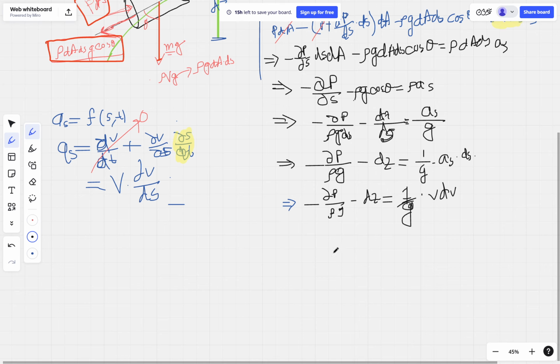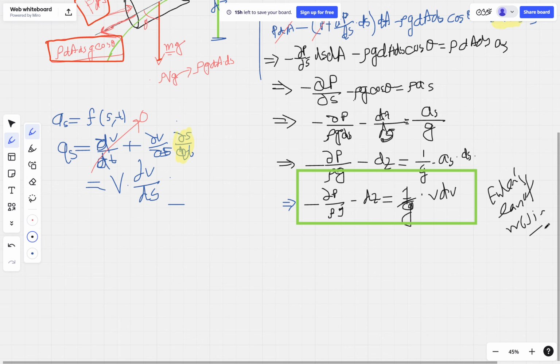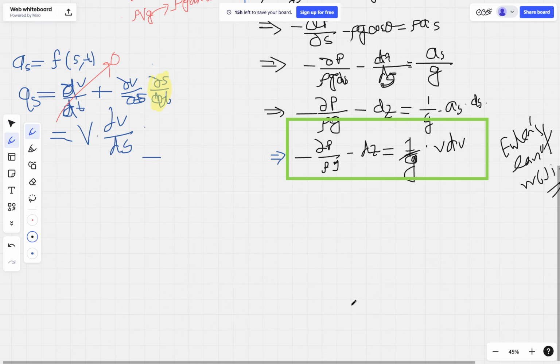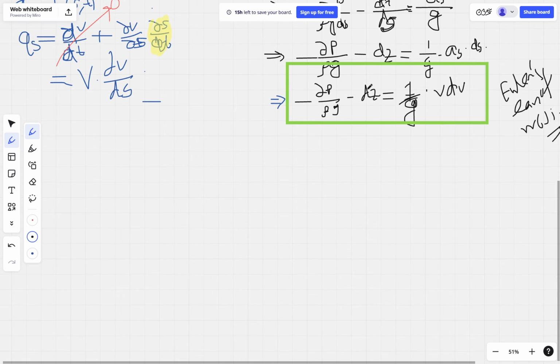So we have derived the equation, and this equation is Euler's equation of motion. Now we just integrate it to get the Bernoulli equation.